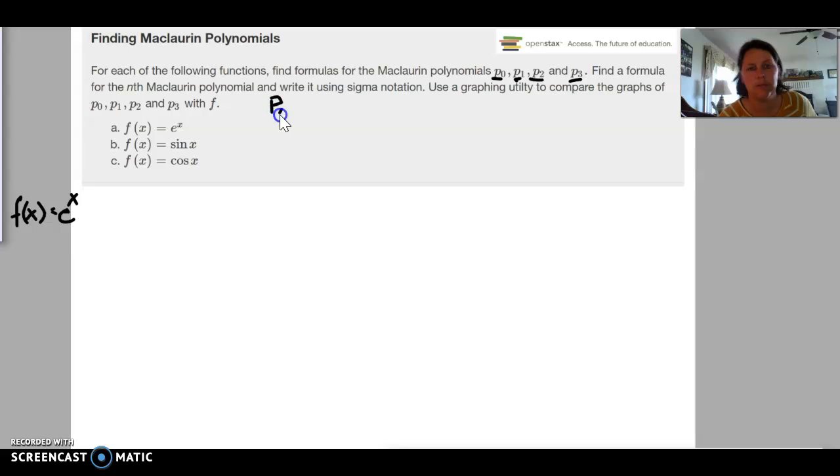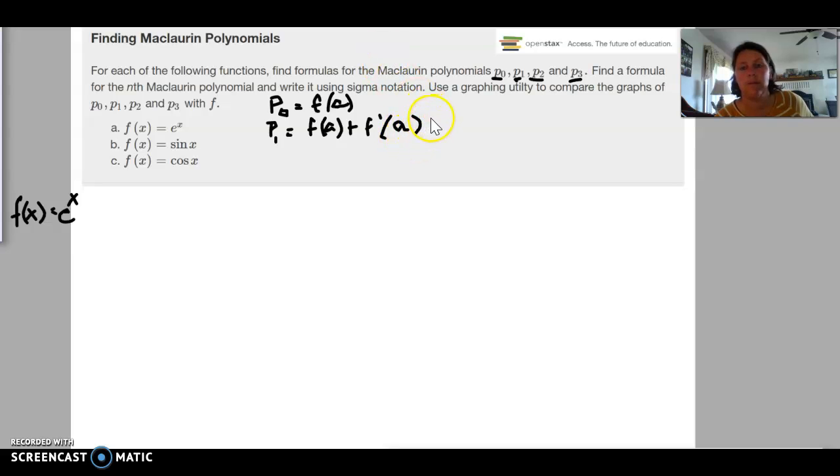So p sub 0 is just going to be f of a. P sub 1 is going to be p sub 0, so f of a, plus the first derivative, f prime of a, times, now in this one we're doing the Maclaurin series, so a is going to be 0.